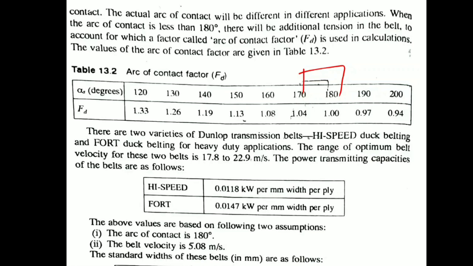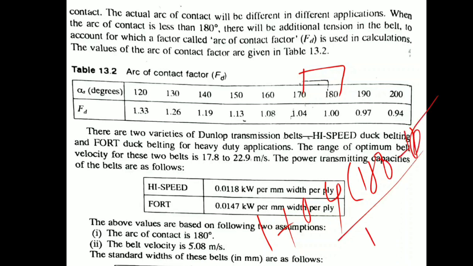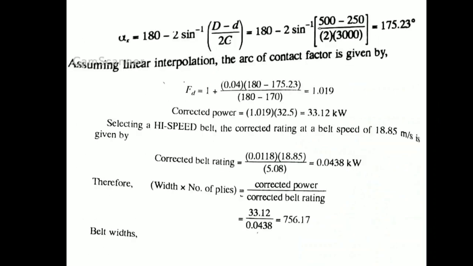So I will take 1 plus 0.4 into 180 minus 175 divided by 180 minus 170. That gives you the value of the arc of contact factor: 1 plus 0.04 into 180 minus answer divided by max minus minimum. So it will give you 1.09 as the value of the arc of contact factor.